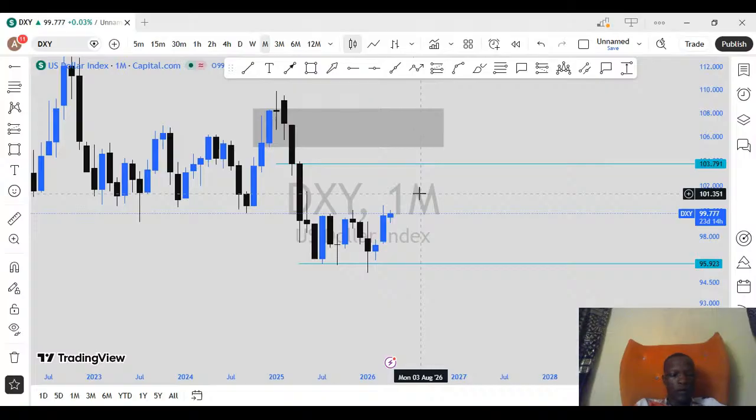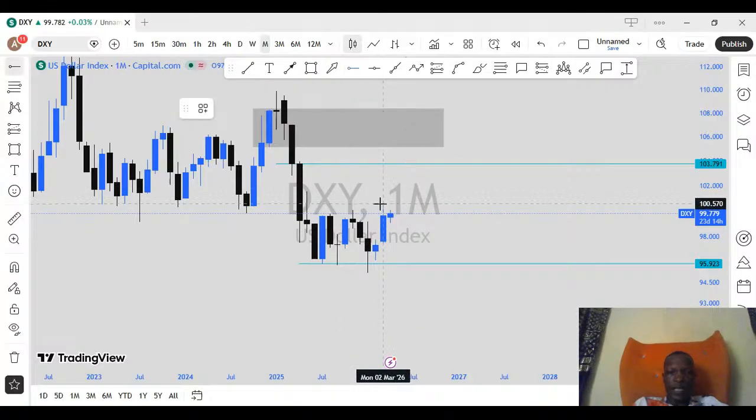So now, the next thing that we want to do is look for a way to buy this market from here, from the place we are now to the level. On this level we have liquidity high.